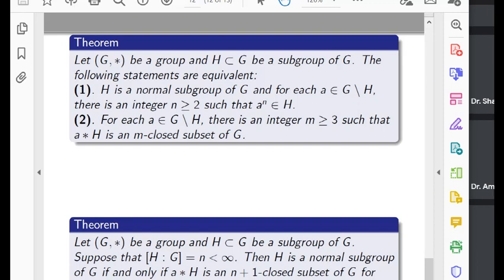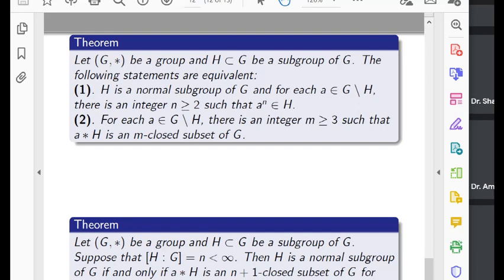Then H is a normal subgroup if and only if every left coset is an n plus 1 closed subset of the bigger group. Okay? All right.